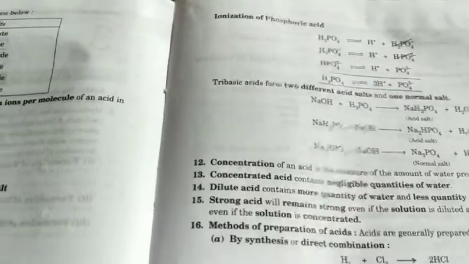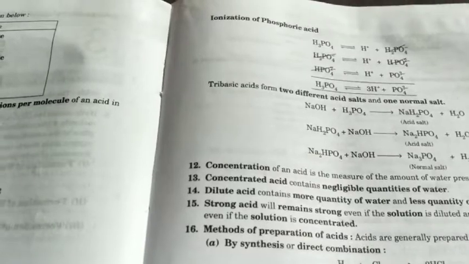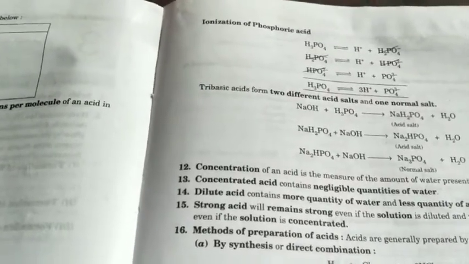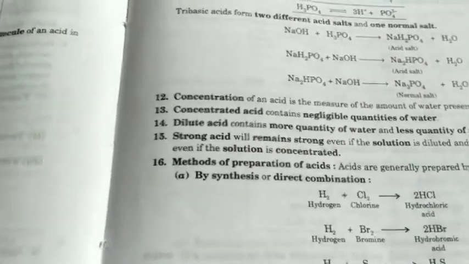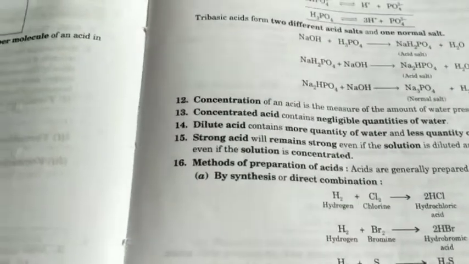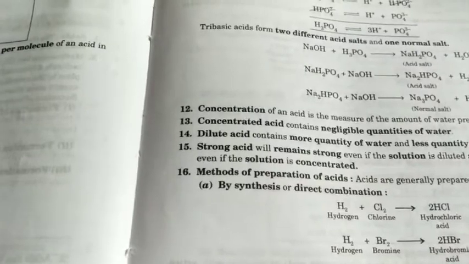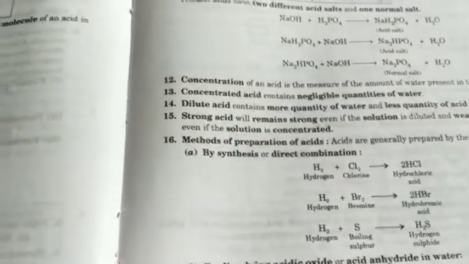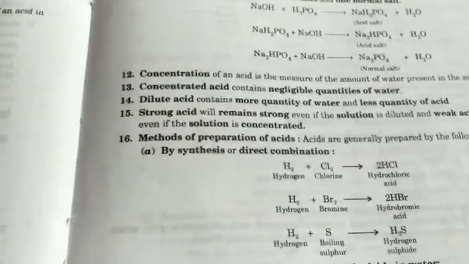Next, when hydrogen reacts with bromine, then hydrogen bromide, hydrobromic acid, forms. Next, when hydrogen reacts with sulfur, then hydrogen sulfide forms. Now the second method, that is by dissolving acidic oxide or acid anhydride in water.